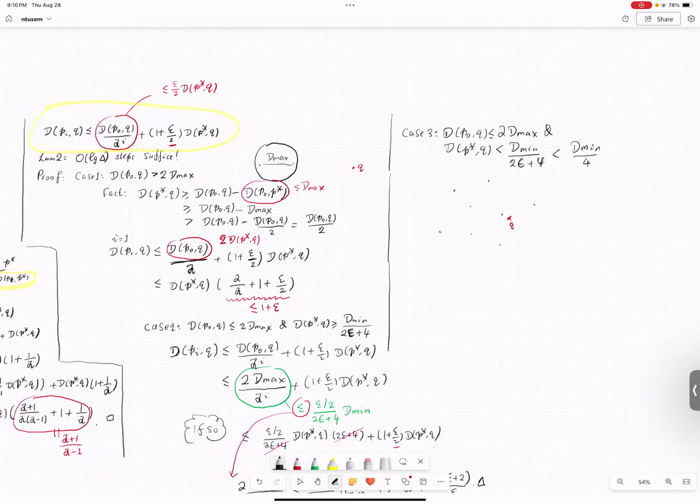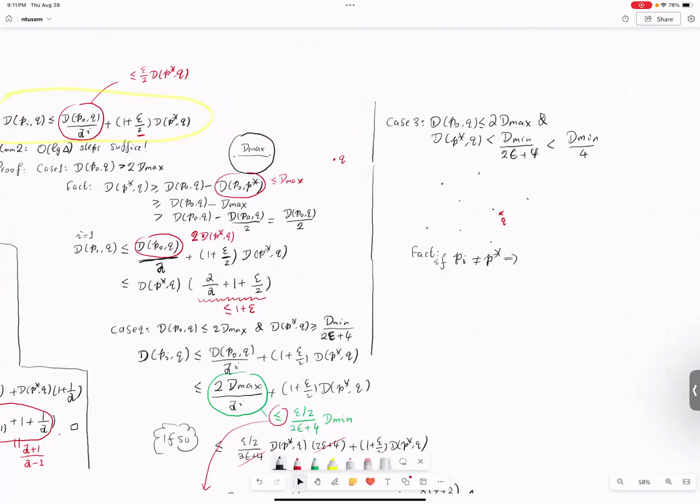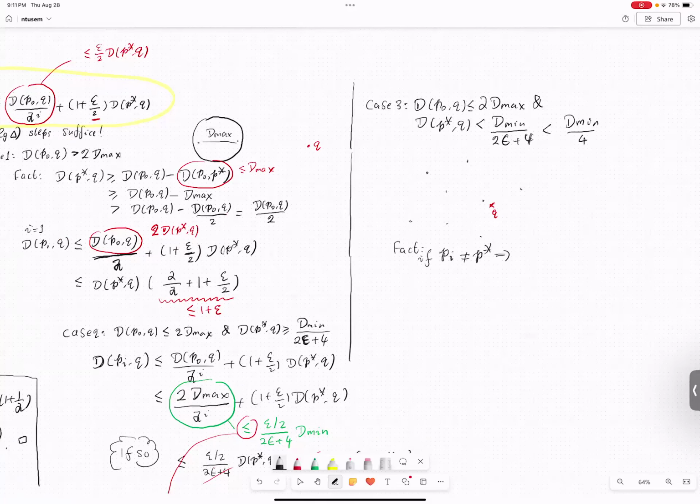I would need a fact. So consider any point pi that is accessed by the greedy algorithm. If this pi is not p star, then you definitely have the following. Let's apply the triangle inequality.